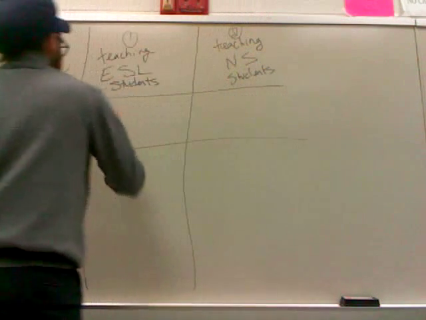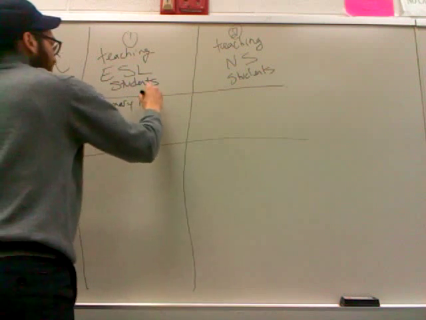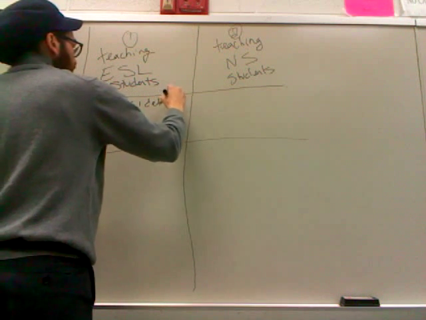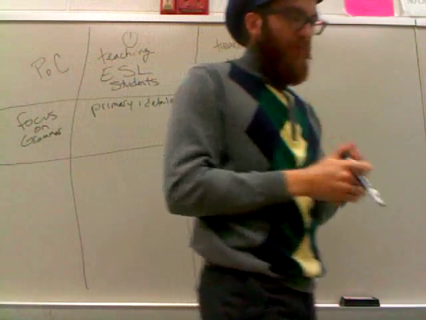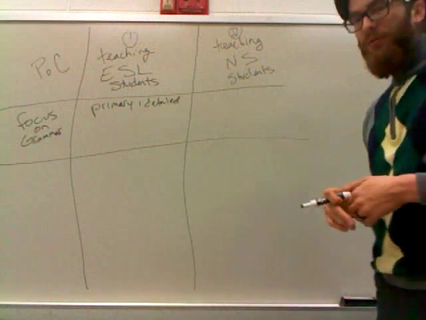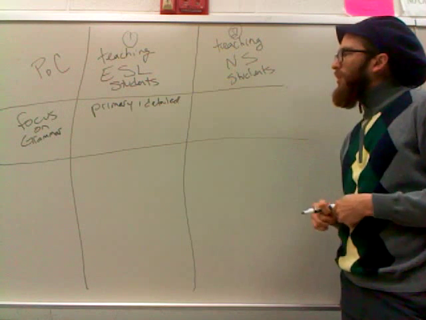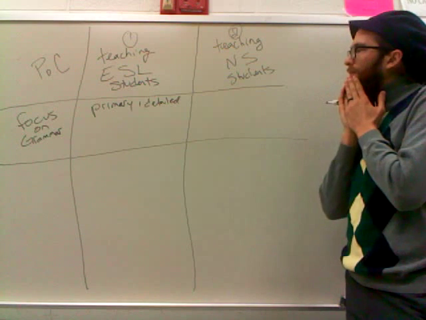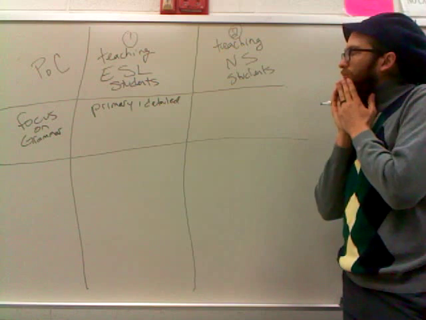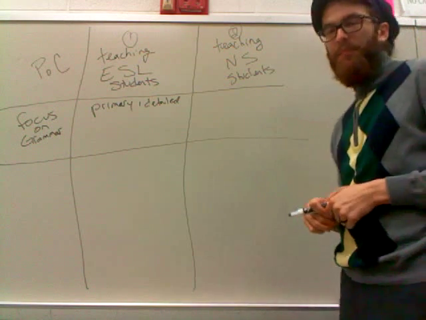So the focus on grammar is primary, detailed. Some of the other descriptor words which you might use to express English as a second language, focus on grammar, could be, let me think, well, I'm obviously engaged with the pre-writing process.